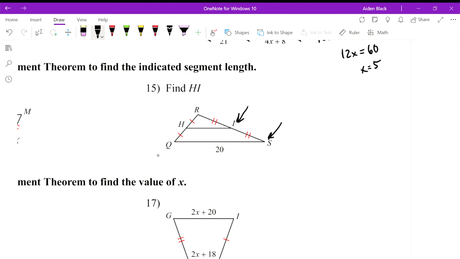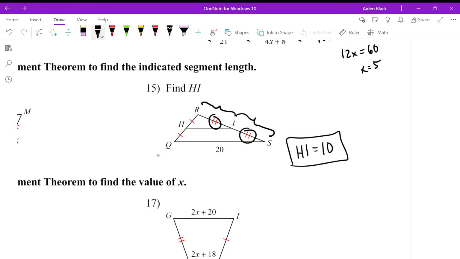So what's half of 20? Booyah, you're done. The reason why we can do this is because we know that the distance between here and here is the same as the distance between here and here, given these marks. We know the distance here to here is the same as from here to here, given these marks.